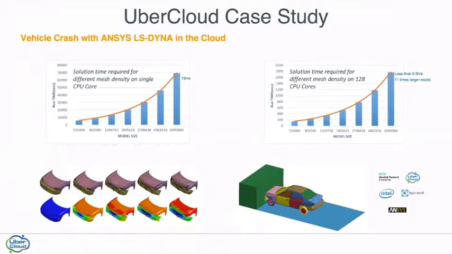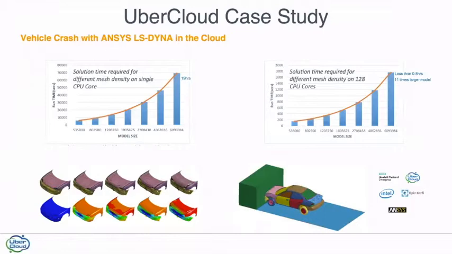So for the first use case study, we'll look at a vehicle crash with ANSYS LS-DYNA in the cloud. This is the simulation of a frontal impact. The vehicle is hitting a rigid wall, and we are looking at the resulting deformations in the car body. And this simulation uses the ANSYS LS-DYNA solver on the UberCloud CAE platform.